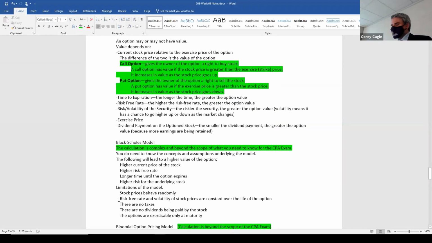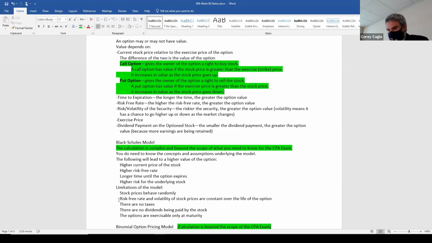It's beyond what we need to know for the CPA exam. But the assumptions underlying the model are where our test questions come from. And it's just the idea of what we were just saying, which will lead to a higher value for the option. The higher the current price of the stock is, obviously, you're getting closer and closer to being able to strike, right?